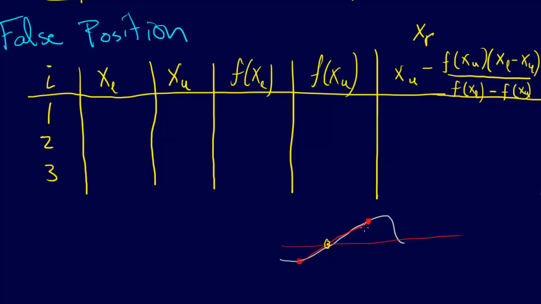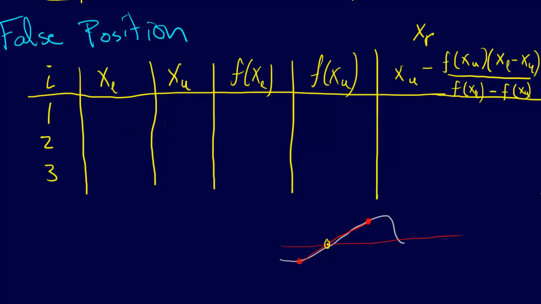Okay, and again, that is just simply solving this line segment, that straight line, for when that equals 0. So no big mystery there. All right, so XL, again, we're going to use the same things as before.